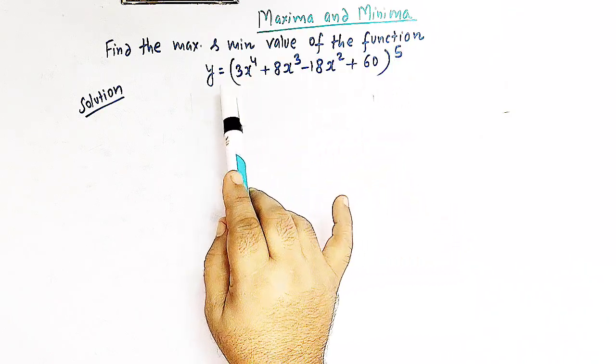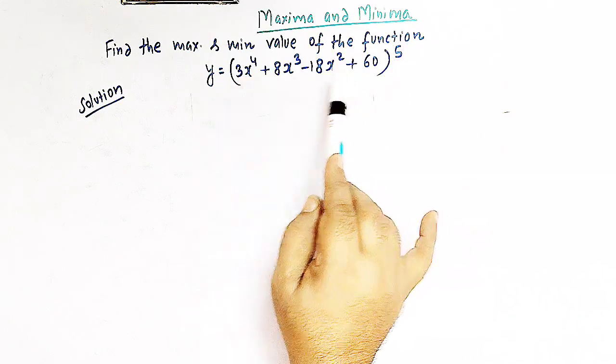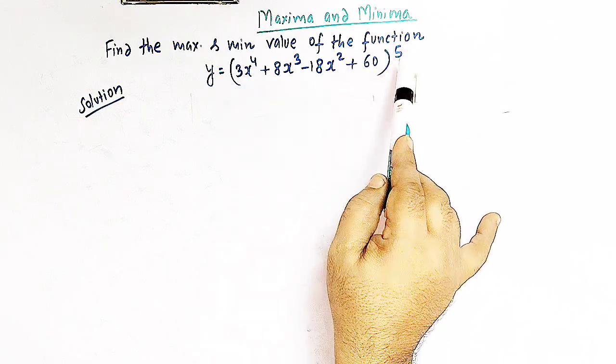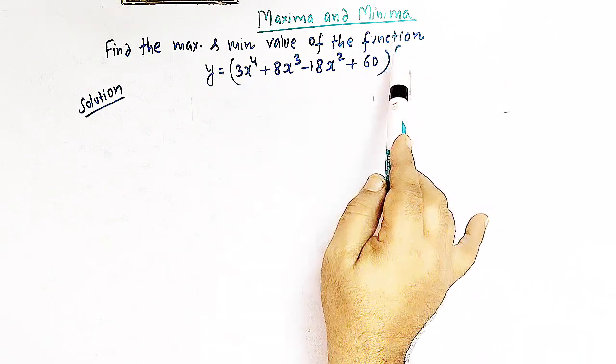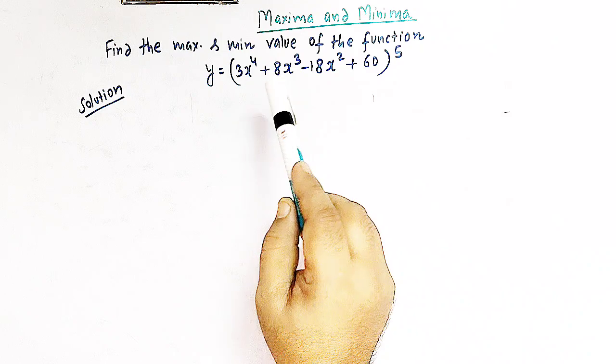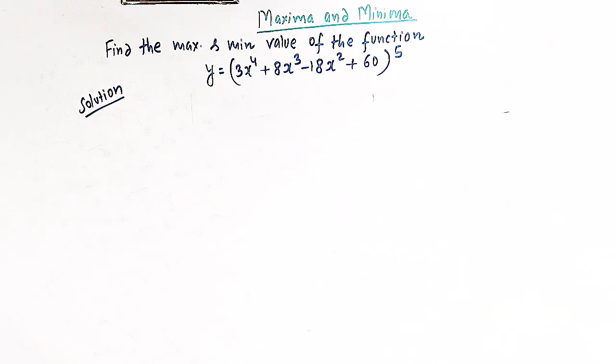So here we have a polynomial raised to the power 5, and we'll see how we can find the maximum and minimum value of this function with the help of the second derivative test. So let us start.